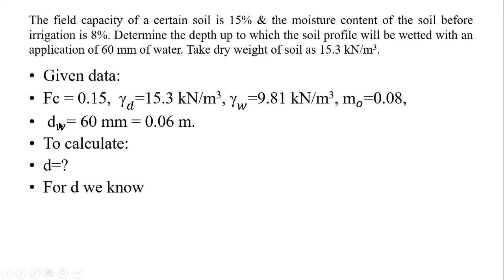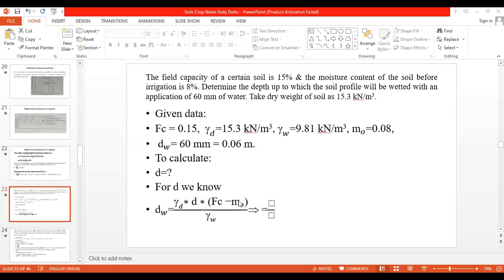That is dW is equals to gamma D by gamma W into Fc minus m0, isn't it? That is the relation which we know. That is dW is equals to gamma D by gamma W into Fc minus m0, that is the optimum moisture content.